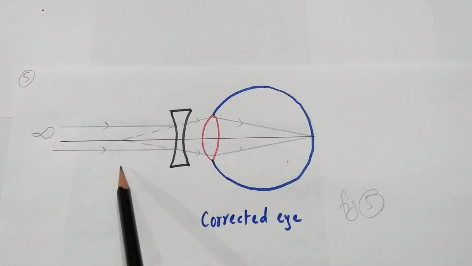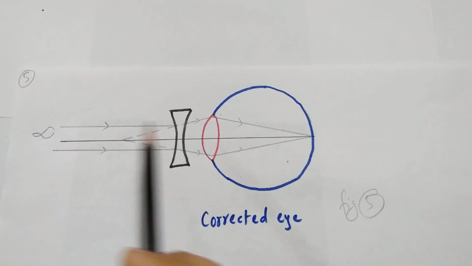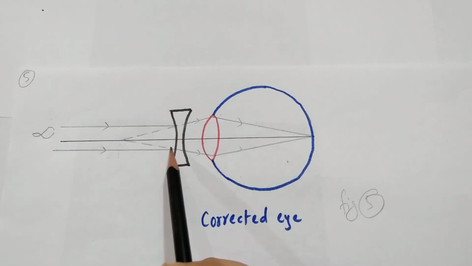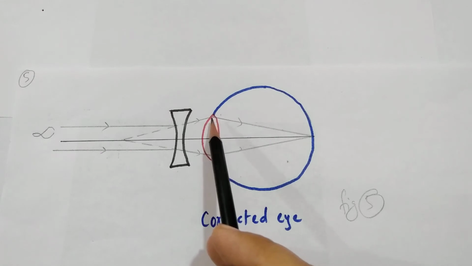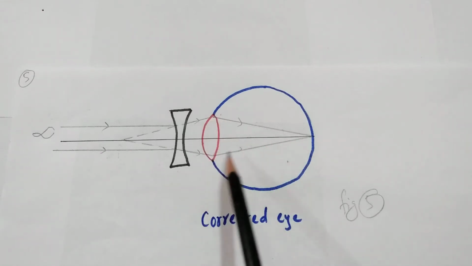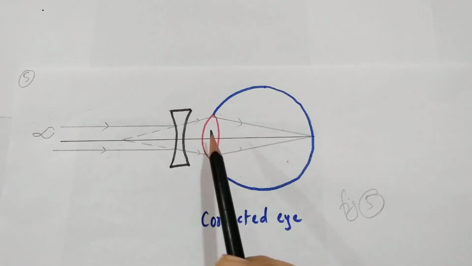Parallel light rays emerging from the object at infinity strike the lens, diverge, and finally converge to meet at the retina after refraction through the eye.